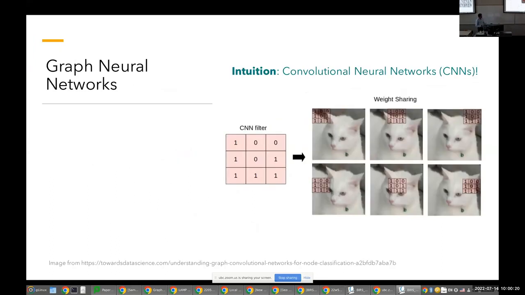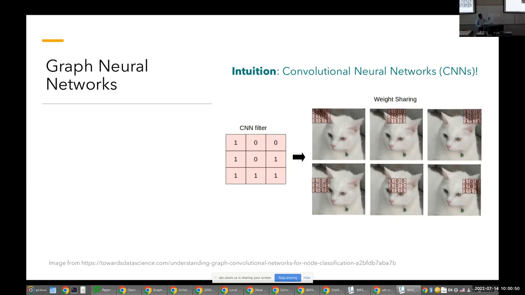Hopefully I don't bore you too much, because some of you will be familiar with this, but in case there are other viewers, I'm going to motivate GNNs. The way I like to see them is as a generalization of the intuition we have from the convolutional neural network world. Here we have a convolutional filter, and this filter gets moved around an image, for instance.